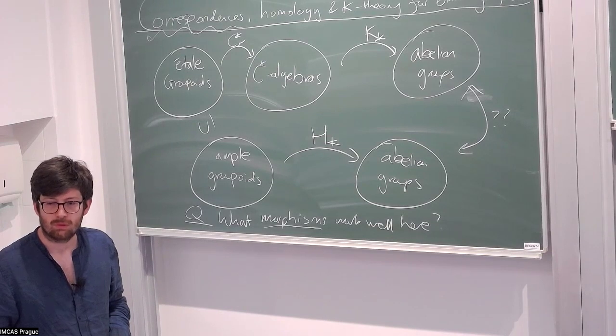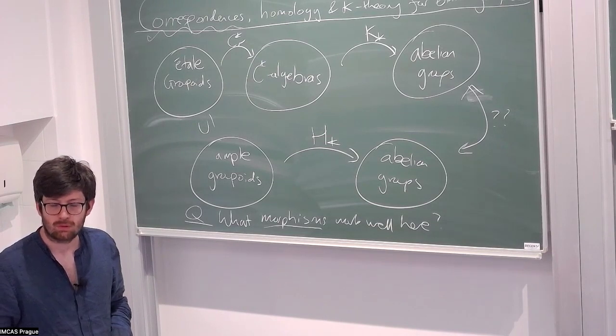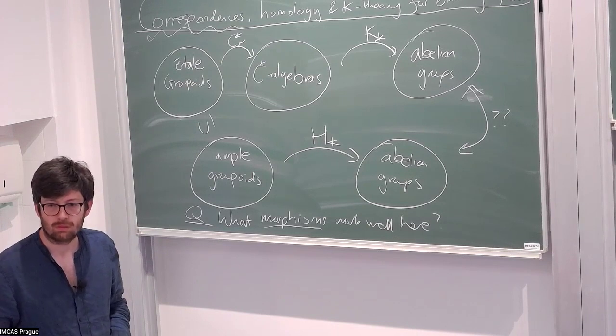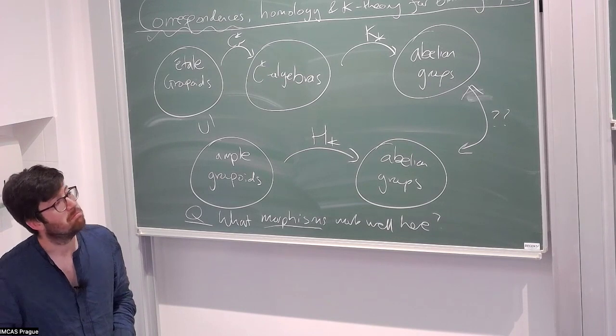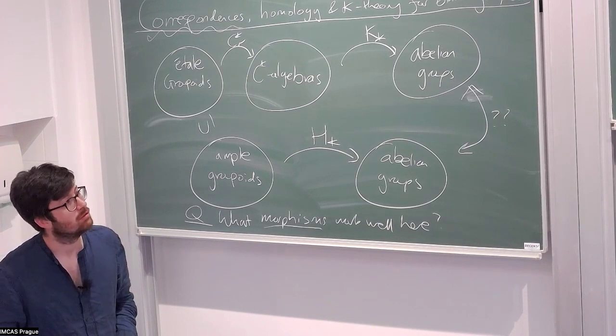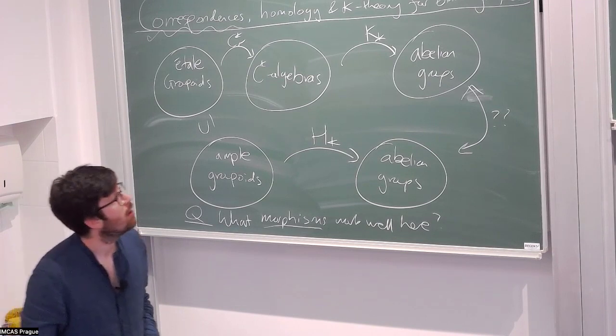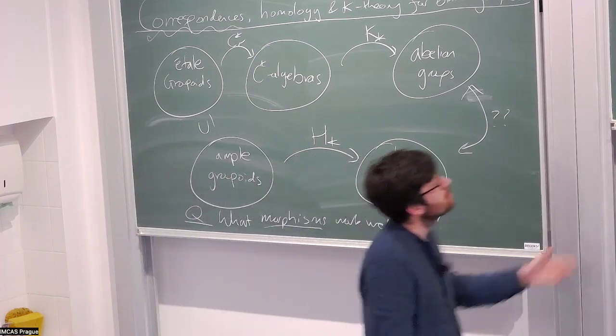We can characterize that. So we have two groupoids, we can say something about what type of correspondence can be between them. I'm not sure. No, I don't know. But there are some natural examples of correspondence.